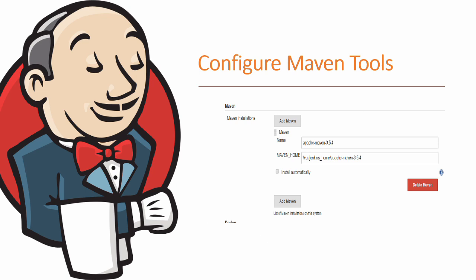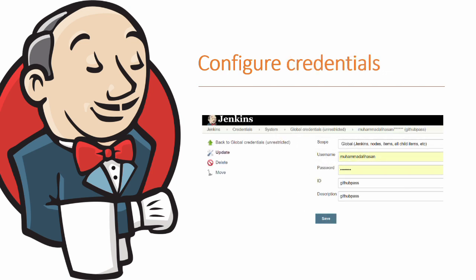So this is how it looks in the Maven tools configuration section of Jenkins. I'll show you later how I configure this, and then I'll also have to configure a credential in Jenkins so that I can use this credential to clone the repository from GitHub.